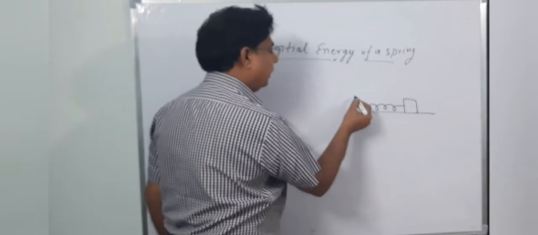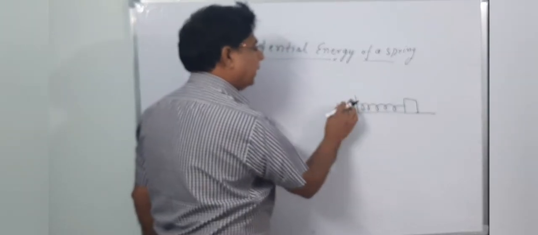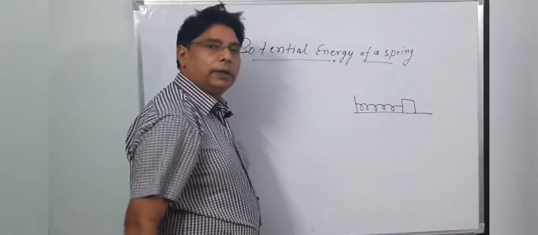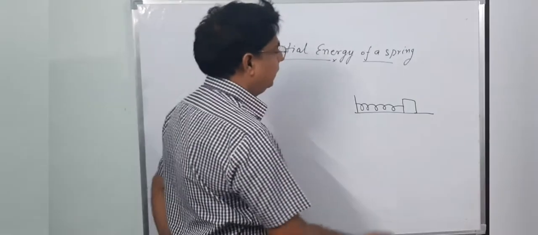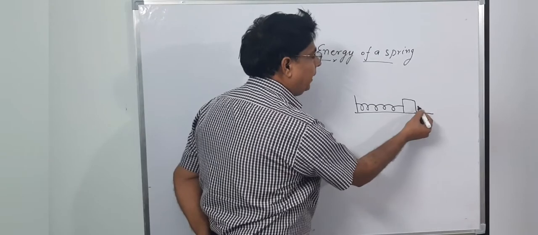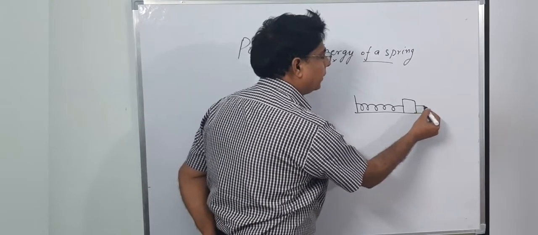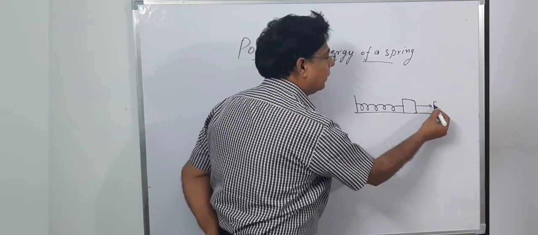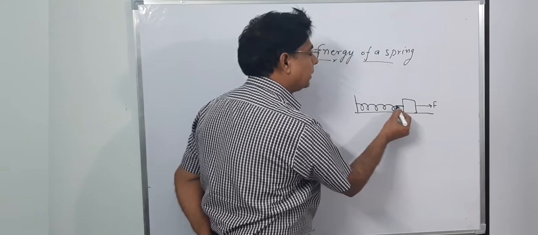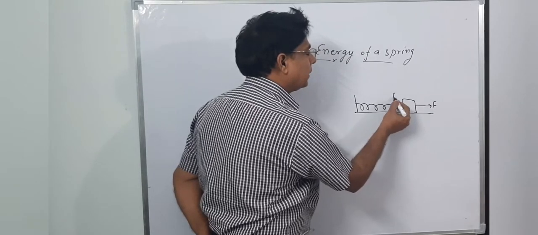This is the spring, and the other end of the spring is attached to a rigid support. When we apply an external force on it in this direction, then a restoring force acts on it in the opposite direction.